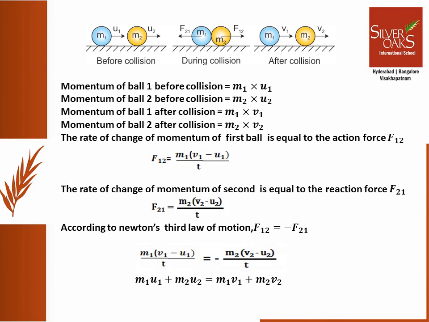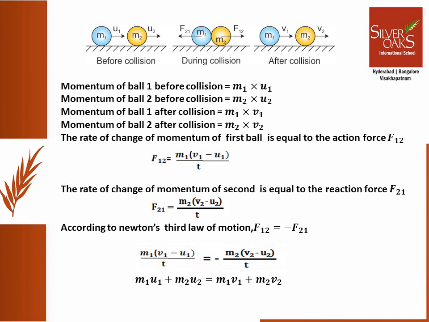According to Newton's third law of motion, action forces and reaction forces are equal but opposite in the direction. So we can write F12 is equal to minus F21. Since both the forces are equal, we can equate the right hand sides of the two equations. If you equate, t will be cancelled.